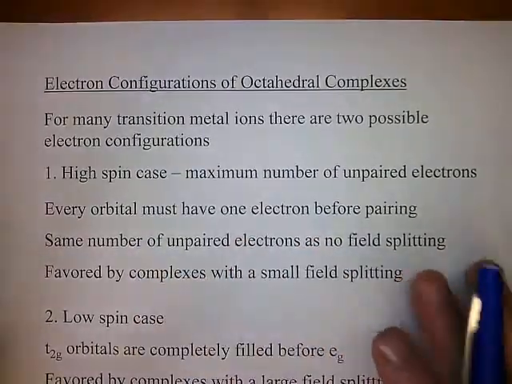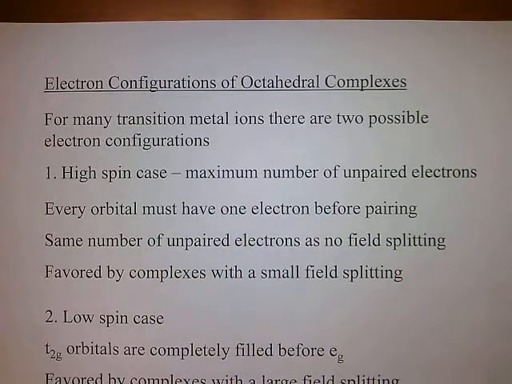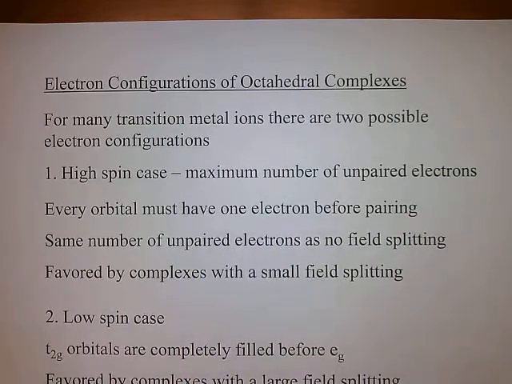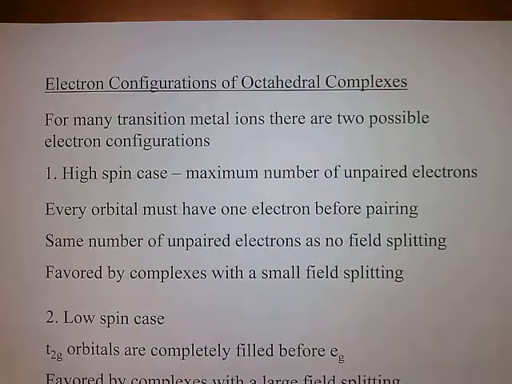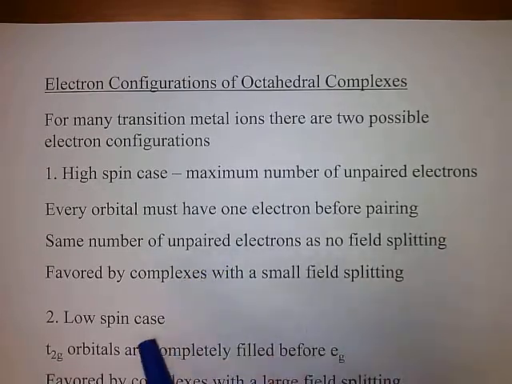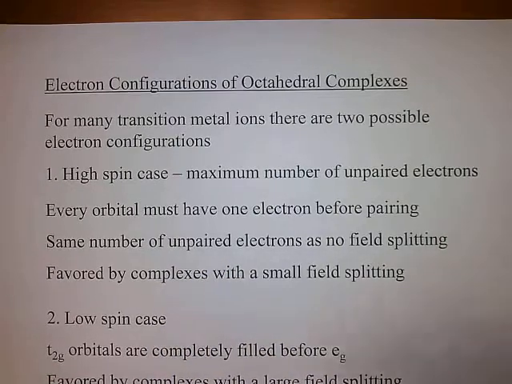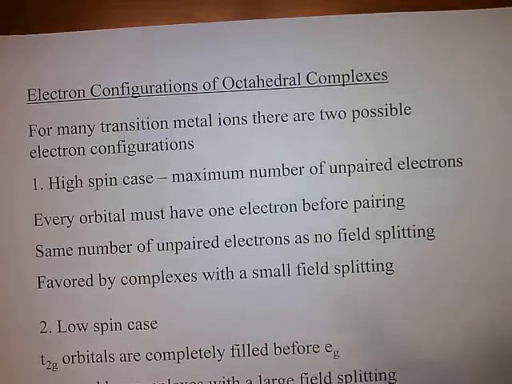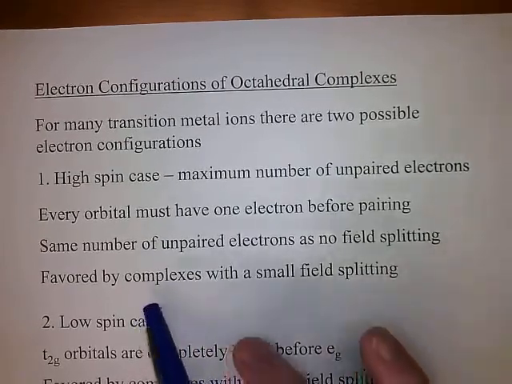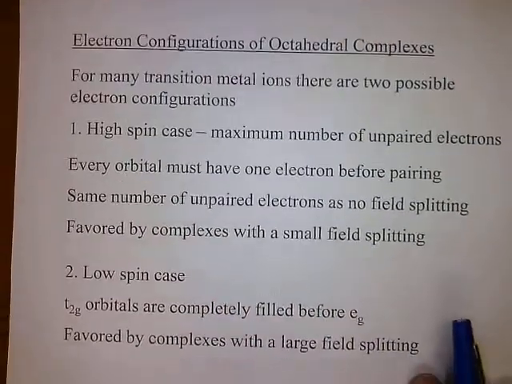That is, when we write out an electron configuration for a high spin case, every orbital has to have 1 electron before they can begin pairing. This gives the same number of unpaired electrons as if there were no field splitting. And this is going to be favored by complexes with a small field splitting. We'll talk more about this.